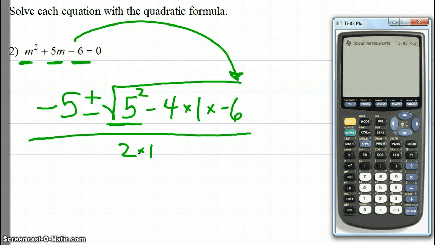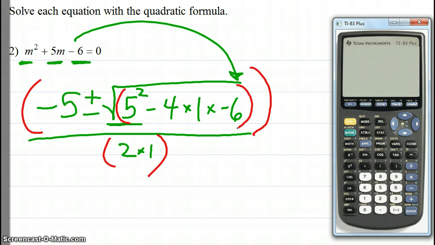So again, when you go to your calculator, make sure that you put your parentheses on the bottom, your parentheses on the top, and your parentheses inside the square root. Now when you're doing a whole bunch of these, notice that you can just continue to go with your calculator and just reset your values. Okay, what do I mean by that?